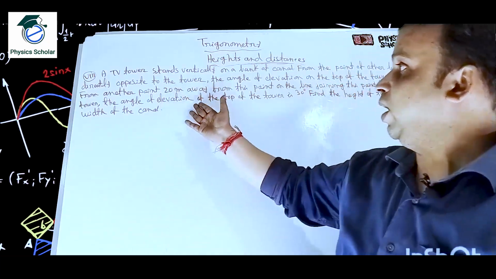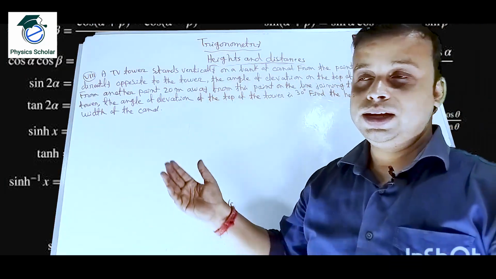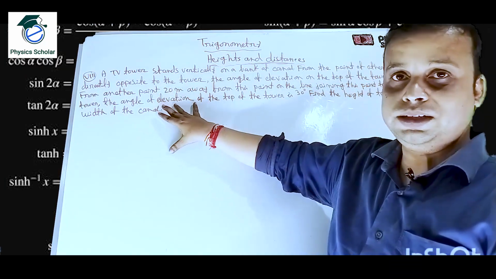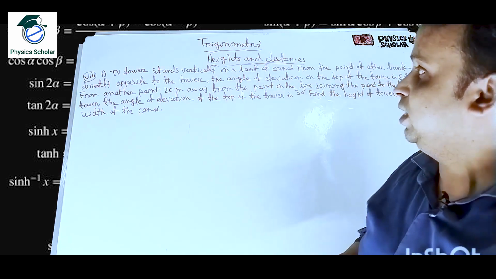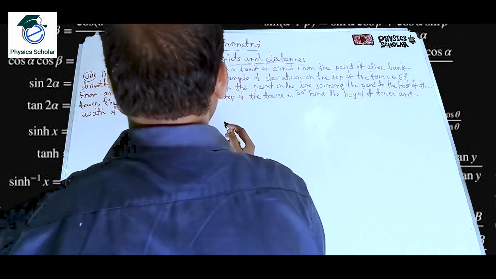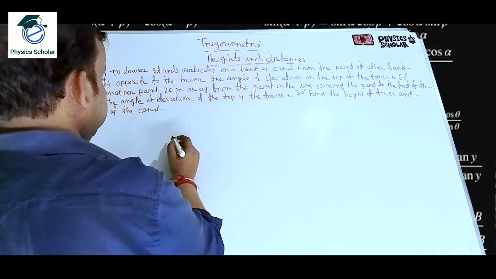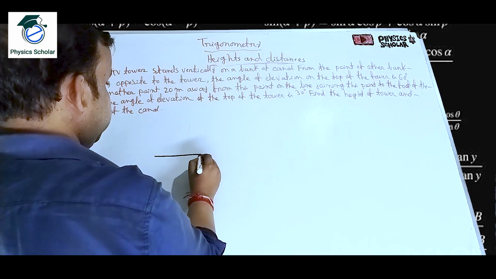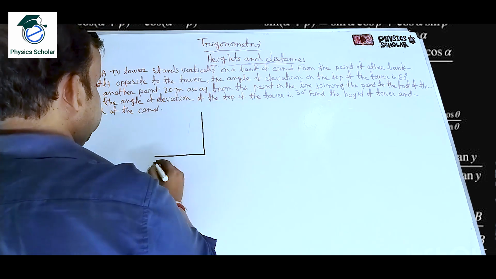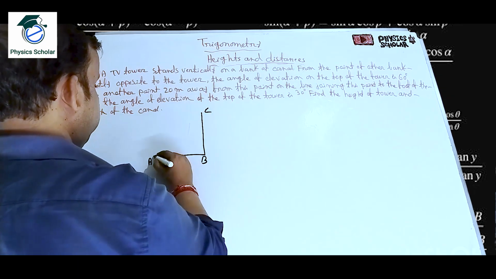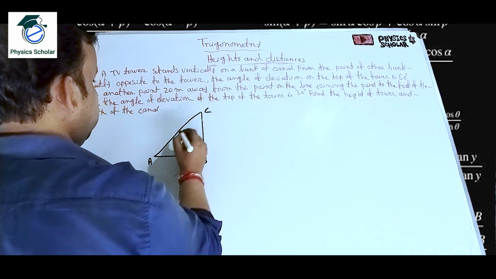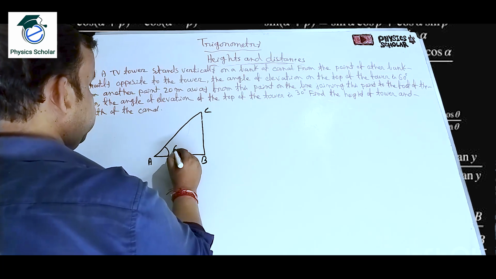Okay students, so now here we are moving to the last but not the least, the sum number 8 of today's episode. Clear? So now a TV tower stands vertically on a bank of a canal. Clear? So suppose this is the canal and this is the TV tower. So this is A, B, C. So the angle of elevation at the top of the tower is what? 60 degree.